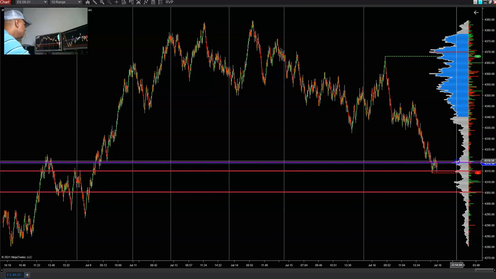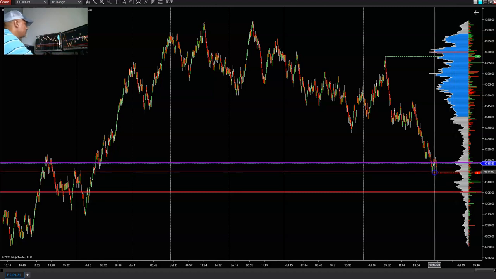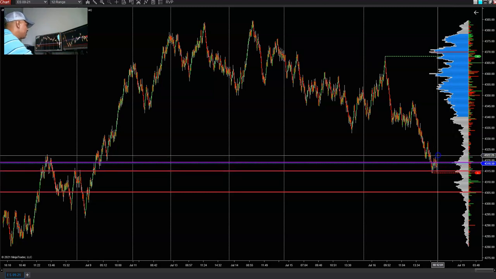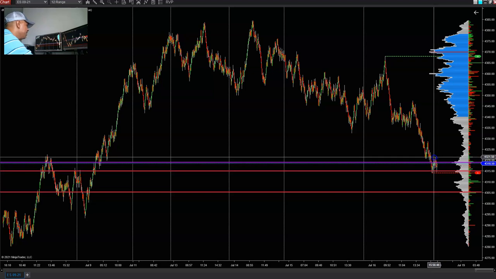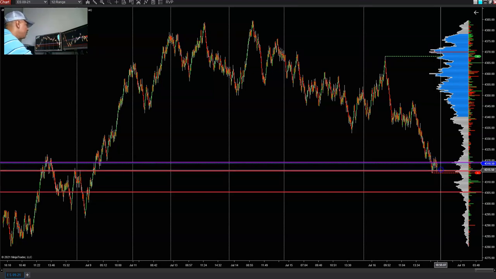So I've given you two clearly identified levels. 43.15: I'm interested if price breaks up above 43.21, makes a new high and then pulls back. That's a level.